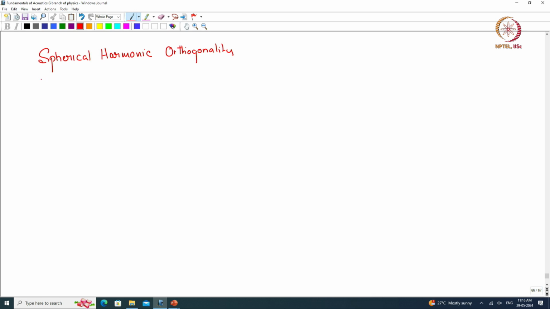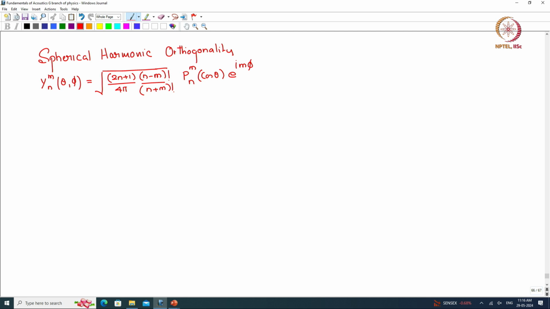So first of all, the spherical harmonic is given by Y_n^m(theta, phi) is equal to the square root of (2n+1)/(4 pi) times (n-m)!/(n+m)! times P_n^m(cos theta) e to the power of i m phi. That is the spherical harmonic.